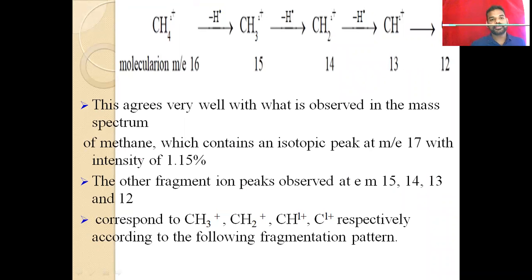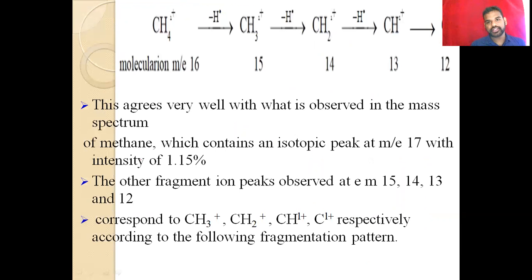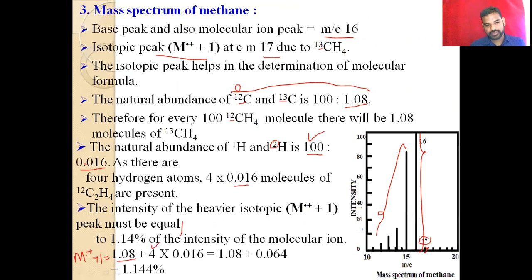This fragmentation agrees very well with what we observed in the mass spectrum, which contains the isotopic peak. From the calculation, the intensity is very low, 1.144%.